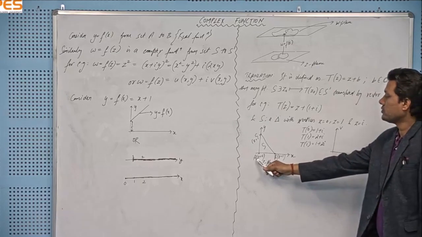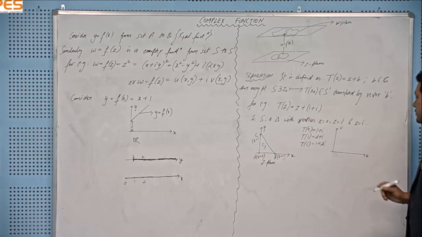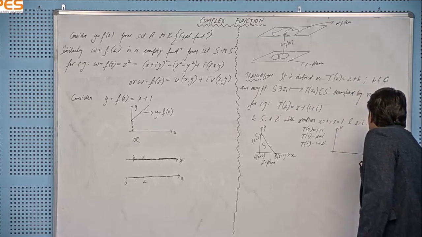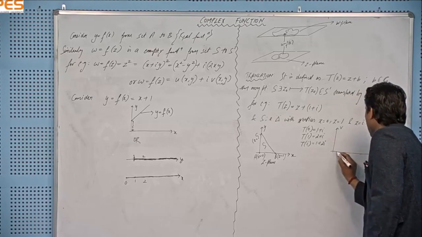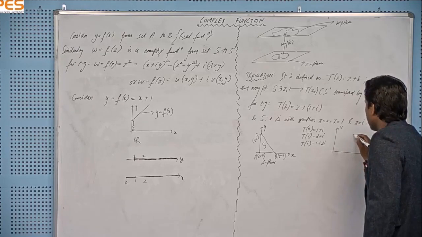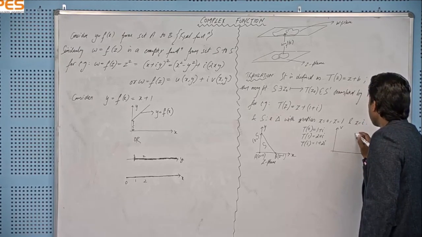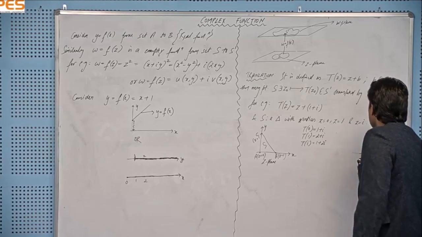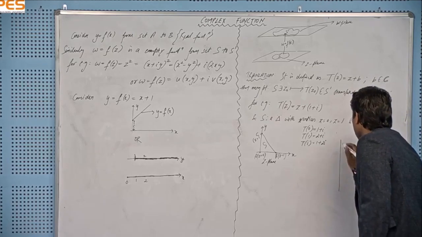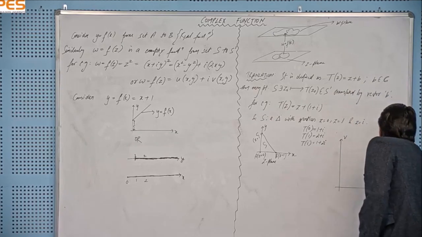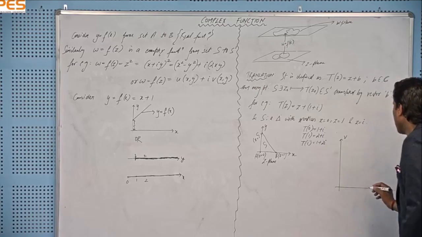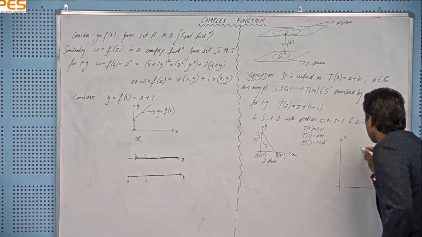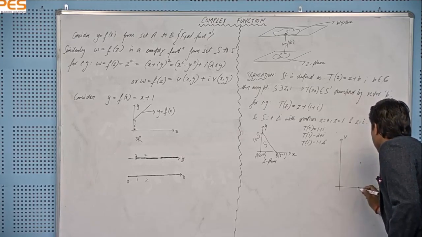So corresponding to z equal to 0, the point is 1 plus iota. If you draw 1 plus iota, it will be 1, 1. This is 1 along the u axis and 1 along the v axis, so the point is here.